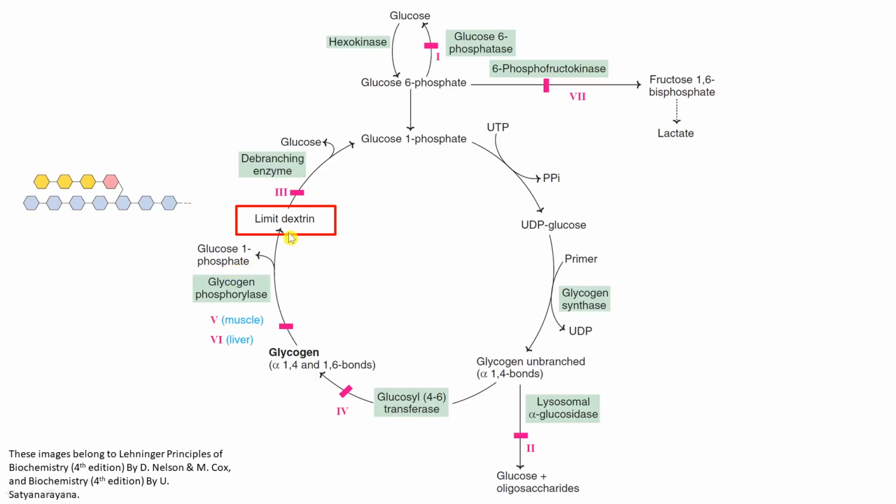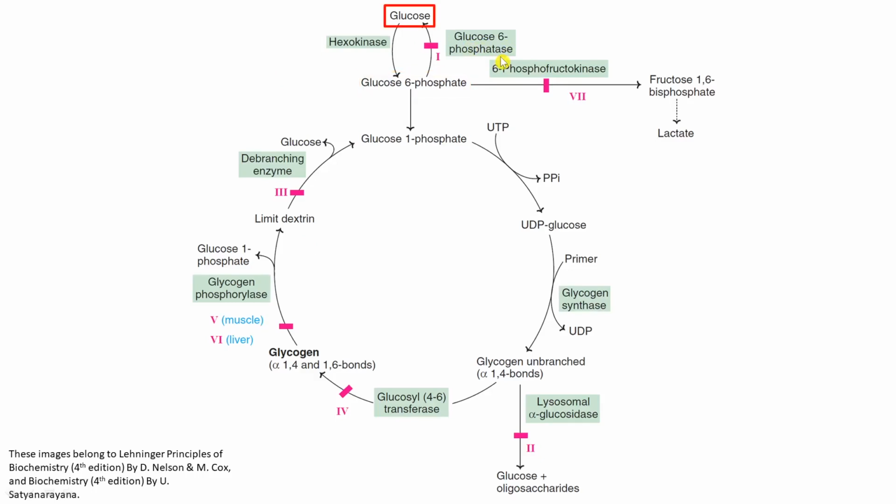This limit dextrin is broken down by debranching enzyme and glycogen phosphorylase enzyme into glucose 1-phosphate. This glucose 1-phosphate, in presence of phosphoglucomutase, again gets converted into glucose 6-phosphate, and the glucose 6-phosphate formed over here, in presence of enzyme glucose 6-phosphatase, gets converted into glucose.